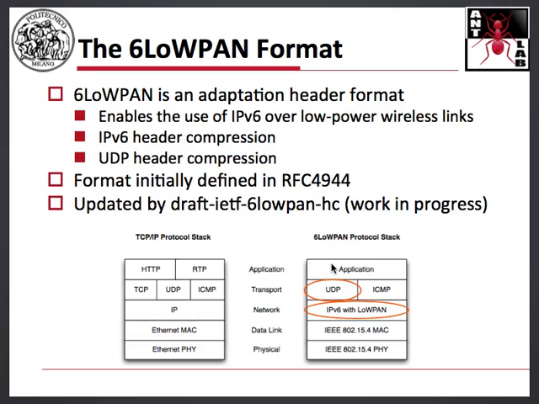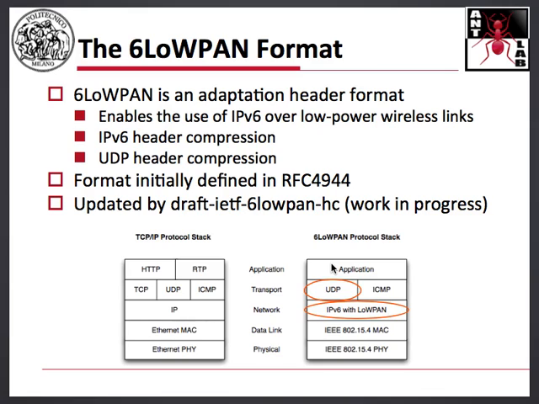To be 100% precise, the header compression functionality does not compress only the header at the IP version 6 layer, but it also compresses the UDP header, because the reference 6LoWPAN communication stack is the one you see here at the right hand side.